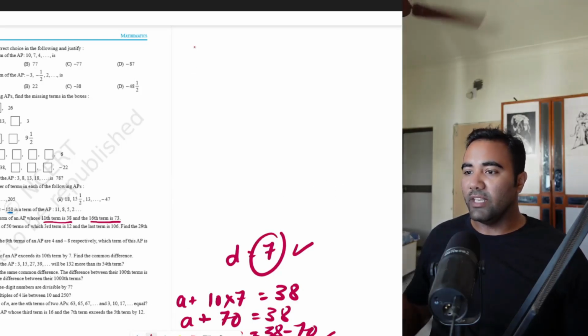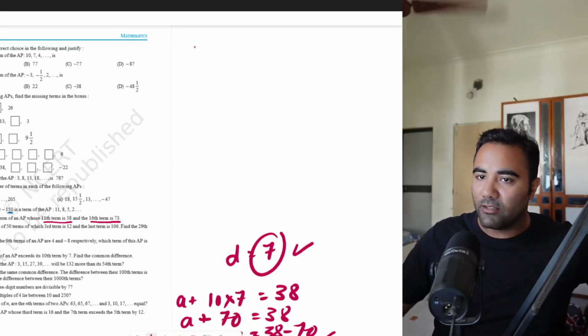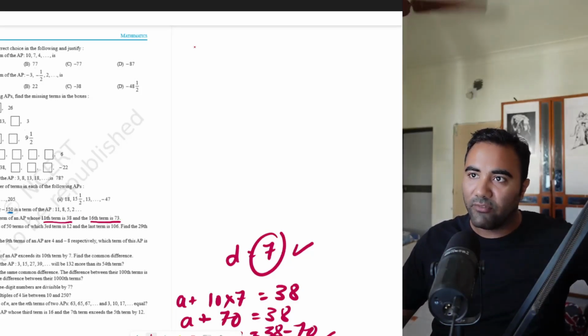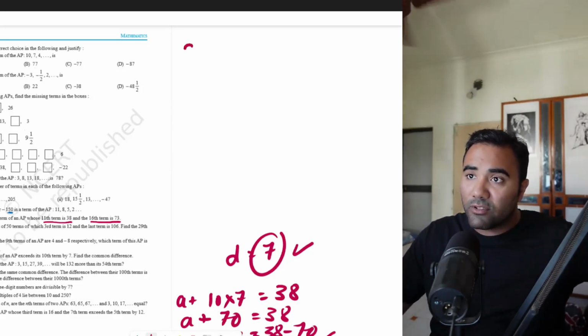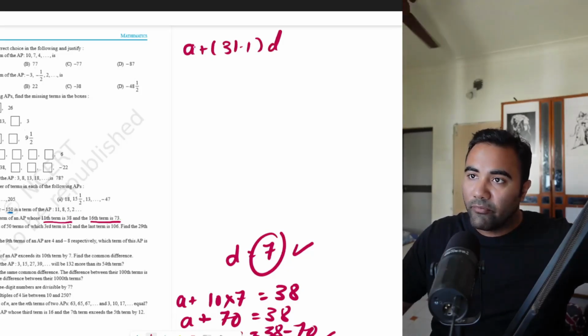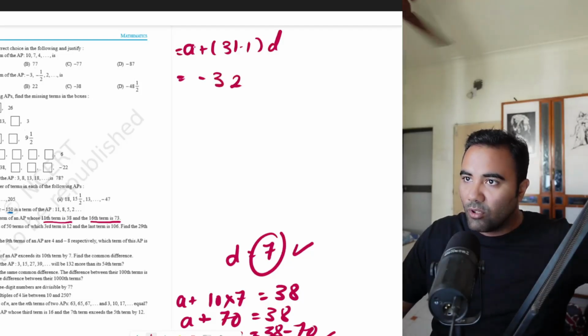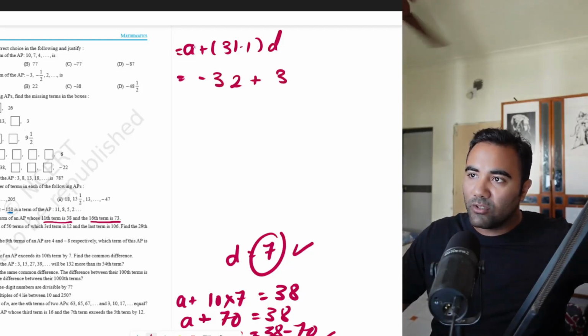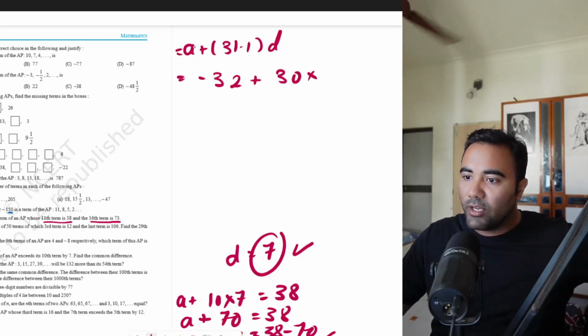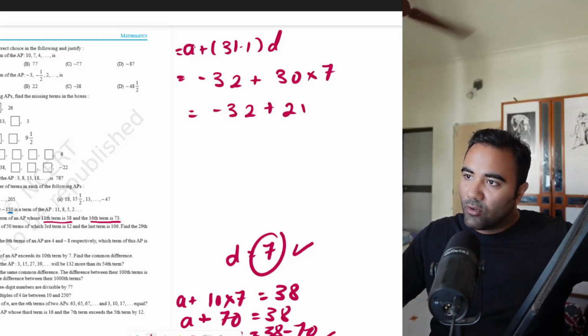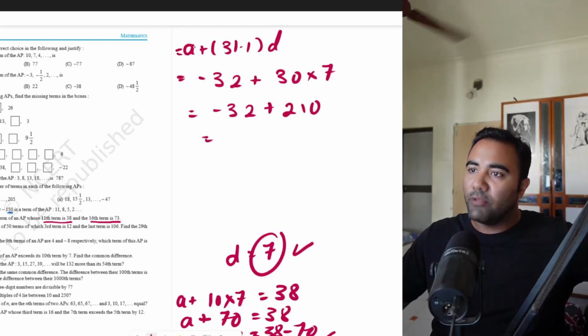Okay, so we have d is equal to 7, a is equal to minus 32. We need to find the 31st term. What would be the 31st term? a plus 31 minus 1 into d. a is minus 32 plus 31 minus 1 is 30 into d is 7. So that should be minus 32 plus 210.